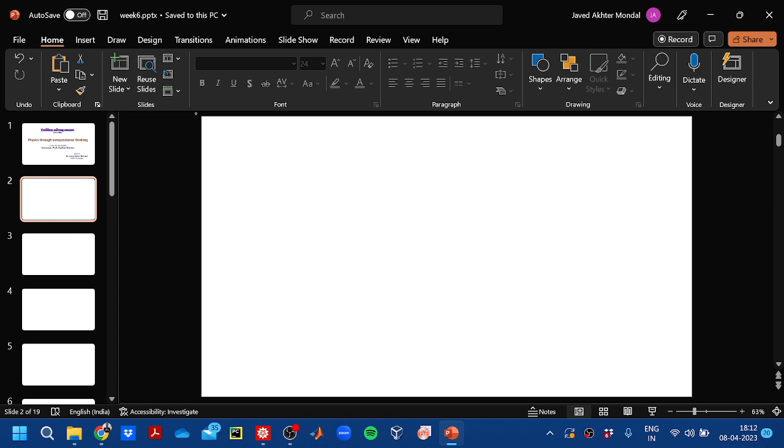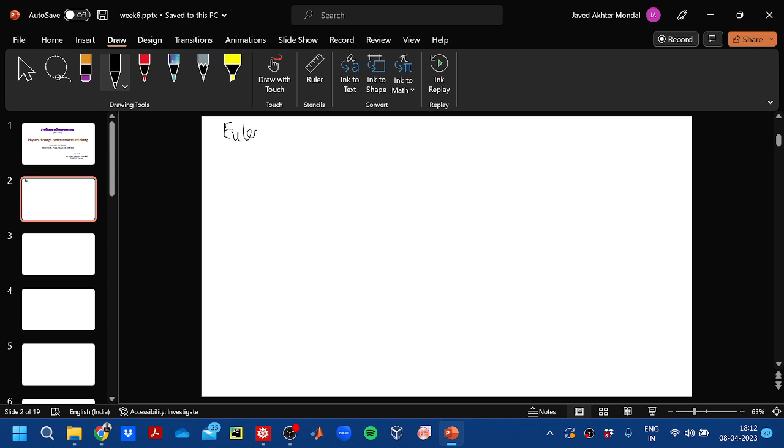We have learned about the Euler method, RK2, which is called the improved Euler method, and RK4, and we also calculated the order of the local error and global error.